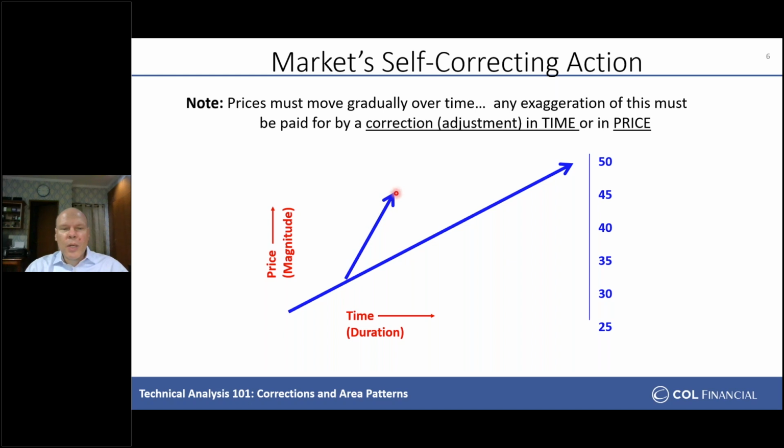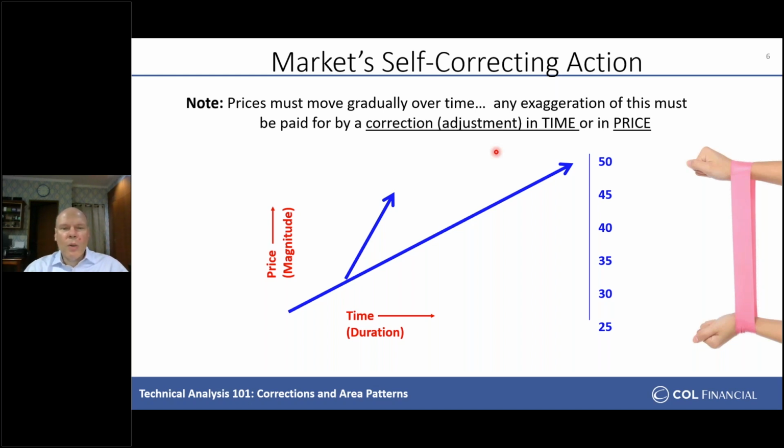And the more you stretch this upwards, it's like holding two sides of a rubber band and trying to stretch it as much as you can. But as you stretch it more and more, you're going to feel greater tension for it to withdraw. It's like gravity in the stock market. And when you get that sense of being too extended, that's when the market is going to jump into a need to correct.